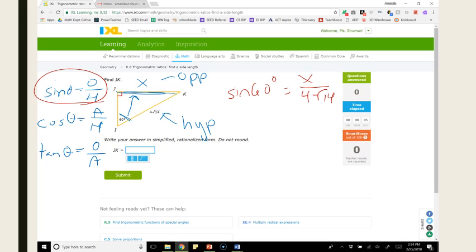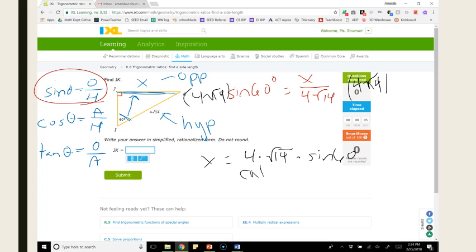Now I have to solve for x. Well, what's going on right now is x is being divided by 4 square root of 14. So to get rid of it, I'm going to multiply both sides by 4 square root of 14. So x is going to be 4 times the square root of 14 times the sine of 60.